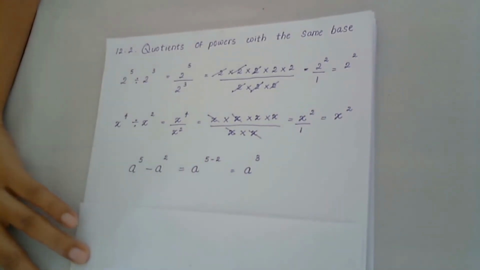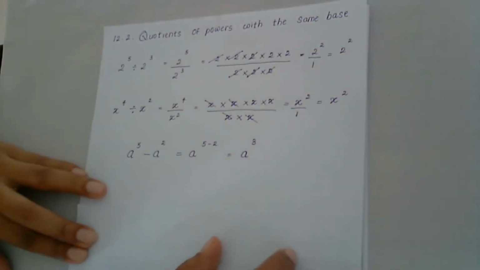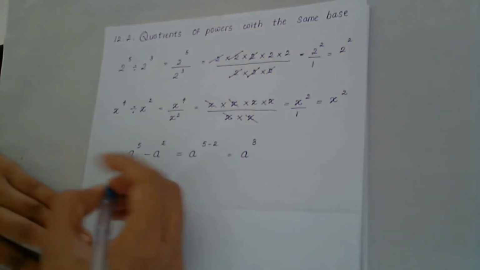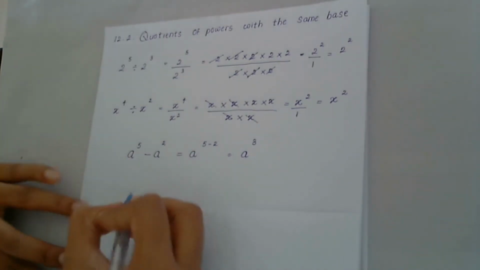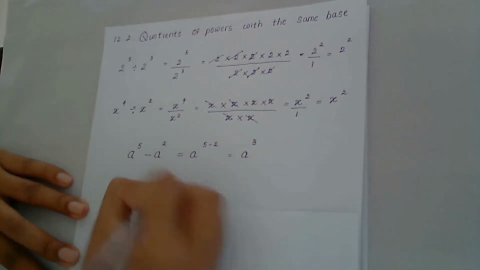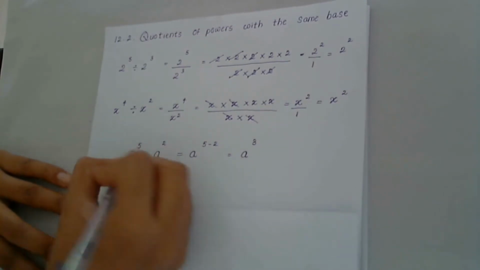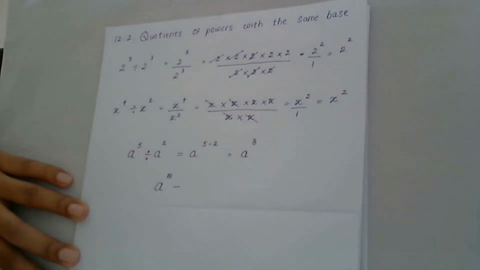Now let's build up a general formula. A general formula means we can use this theory when we are doing simplification. Now a to the power m, if the index is m. In here I wrote it, sorry, it's a mistake.